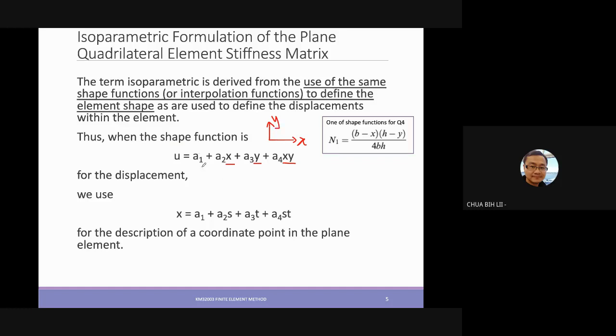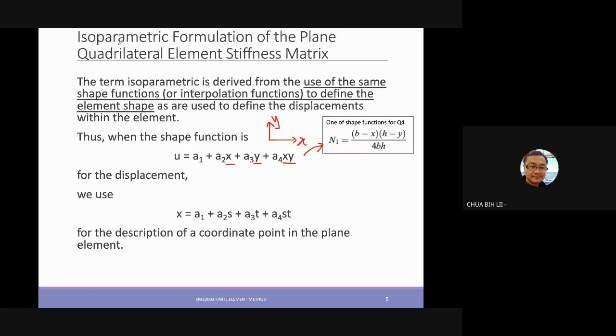So you have seen these shape functions, so-called displacement functions, previously in the planar chapters, and one of them would be in this form: (b minus x)(h minus y) divided by 4bh.